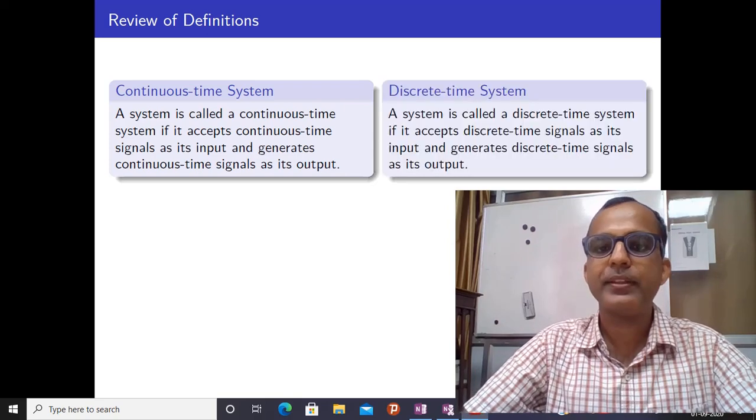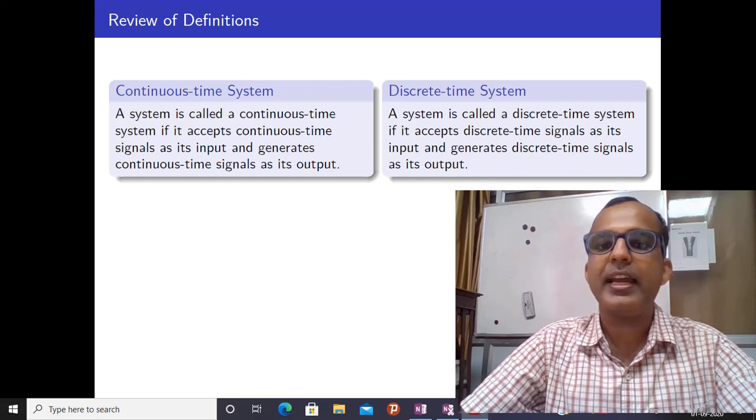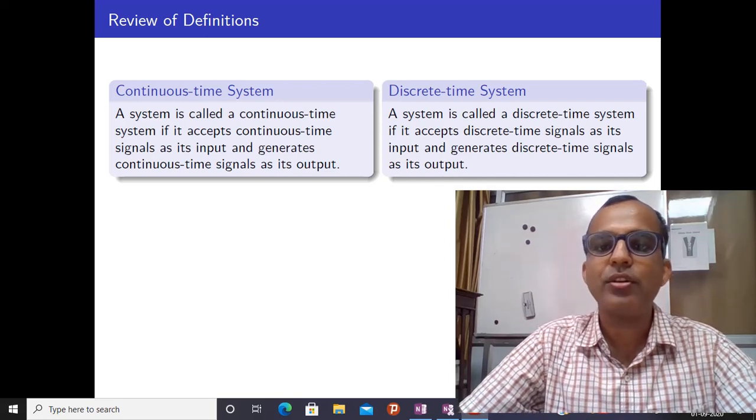If this is not the case, then I have a second class, which is called a discrete time system. A system is called a discrete time system if it accepts a discrete time signal.